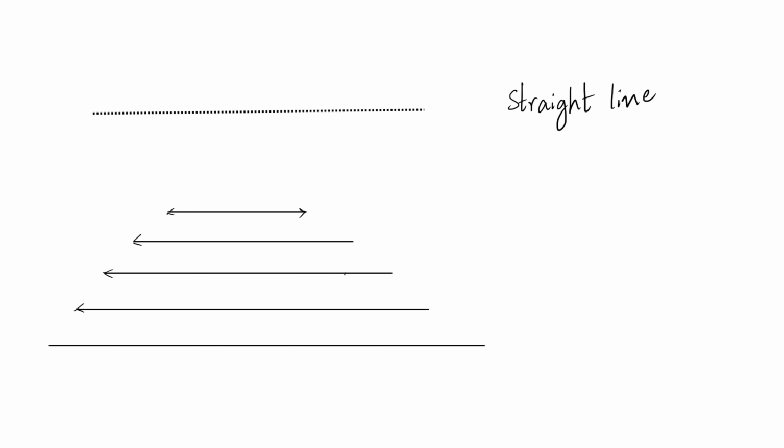So this is the representation of a straight line. It extends on both the ends. A straight line is made up of a set of points and it extends on both sides. To indicate that, we have to place arrow marks at the end.